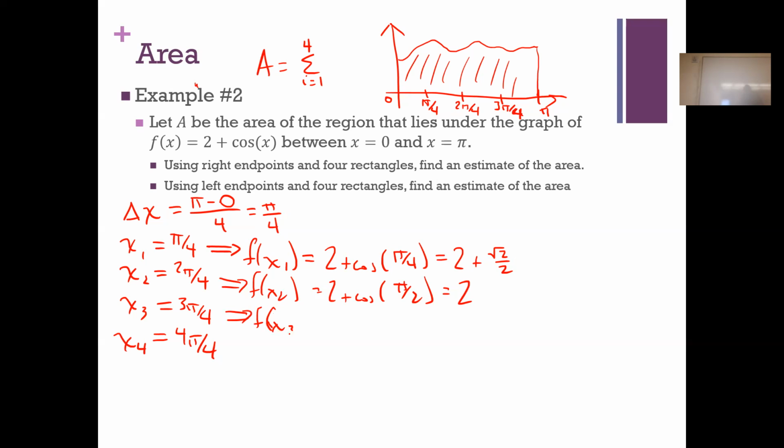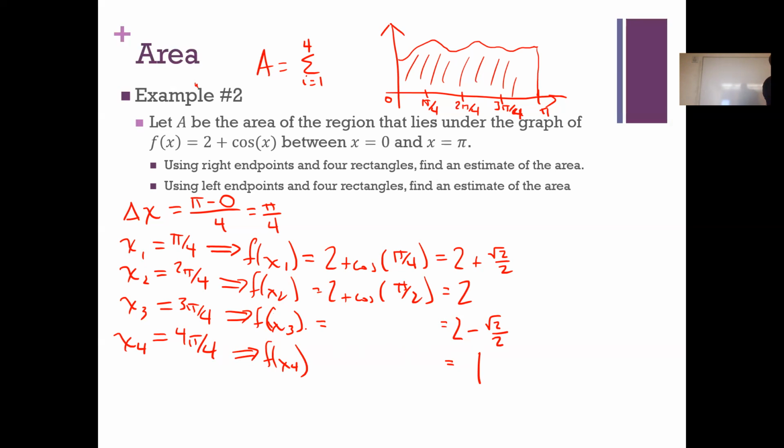And f of x3, let's abbreviate, is 2 plus cosine 3 pi over 4, which is going to be 2 minus radical 2 over 2. And then 2 plus cosine pi will be 1. So I have my 4 heights now, right?